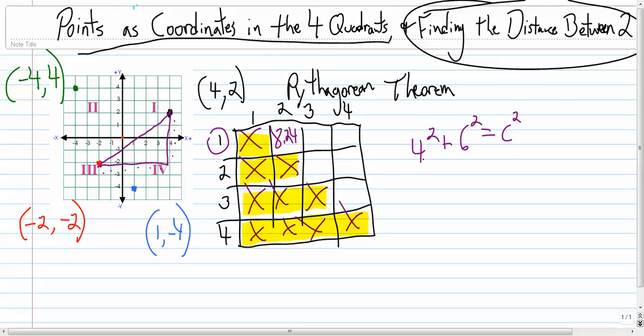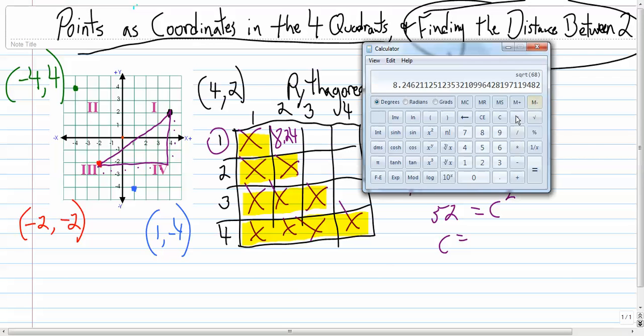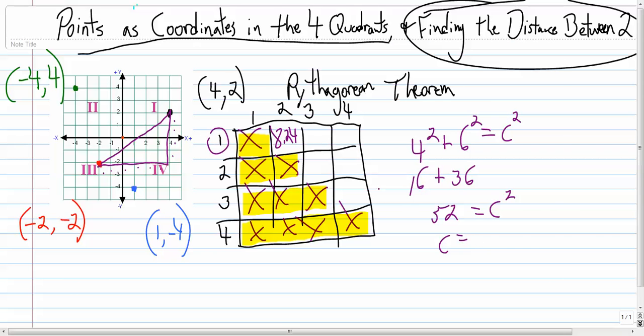We'll call it c squared. So 16 plus 36 is what? 36, 46, 52. So 52 equals c squared. So the square root of 52 is 7.21. I'm just going to call it 7.2. What the heck, I'll call it 7.21.